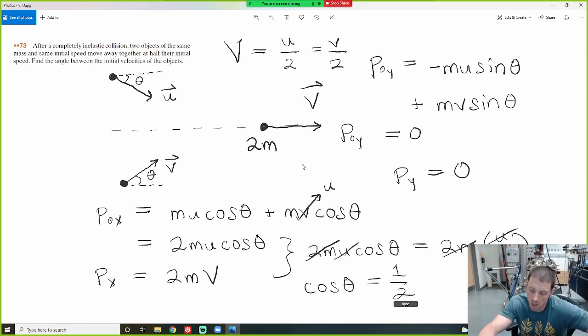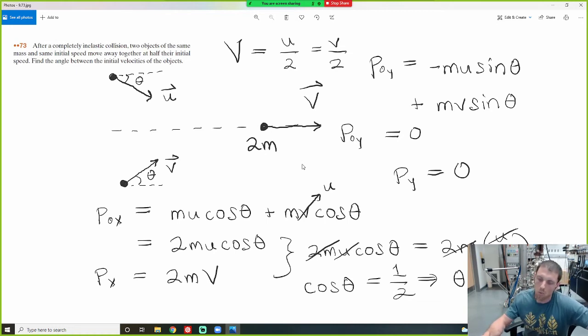Now, I happen to know that the cosine of theta being 1/2 implies that theta should be 60 degrees, but you could arc cosine this and figure that out without too much work, I think. So let's just say theta equals 60 degrees.